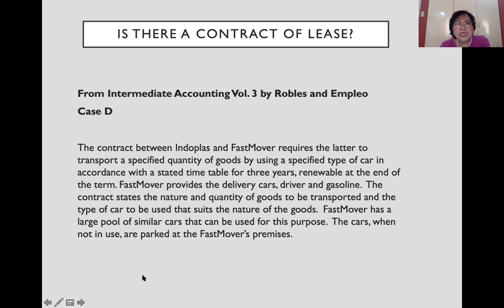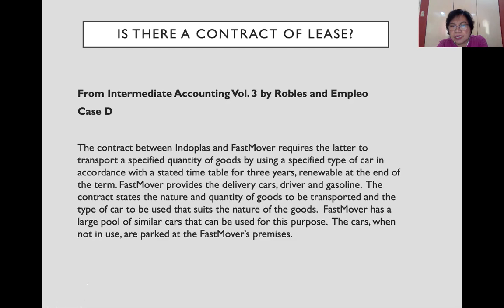We go to the last case, case D. The contract between Indoplus and Fast Mover requires the latter, meaning Fast Mover, to transport a specified quantity of goods by using a specified type of car in accordance with a stated timetable for 3 years, renewable at the end of the term.